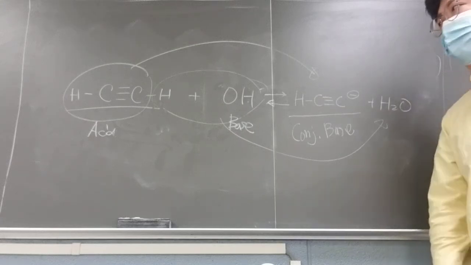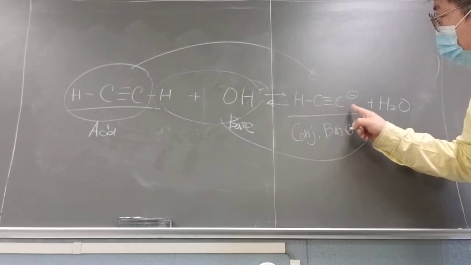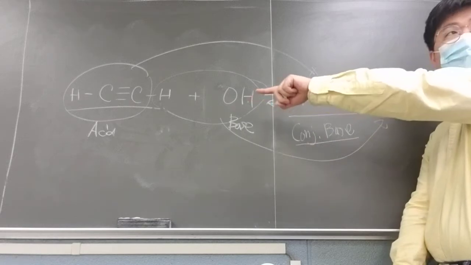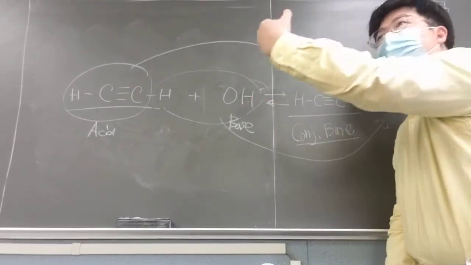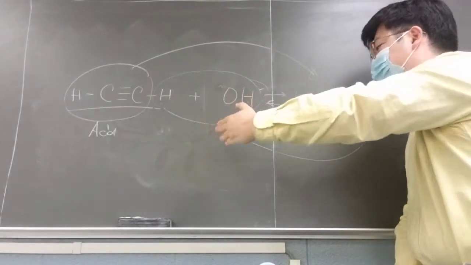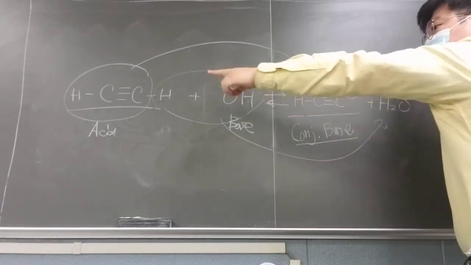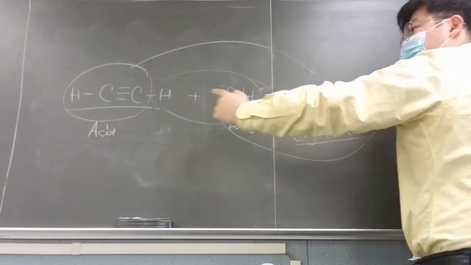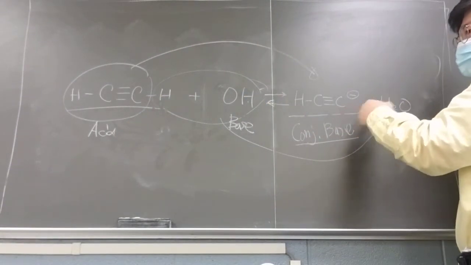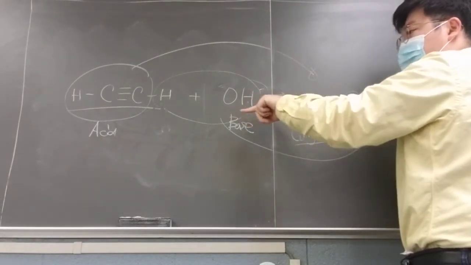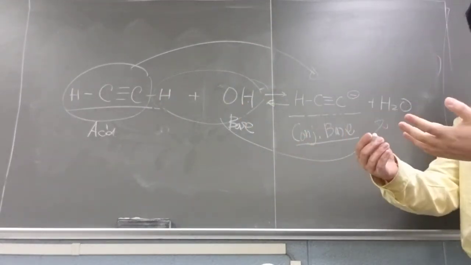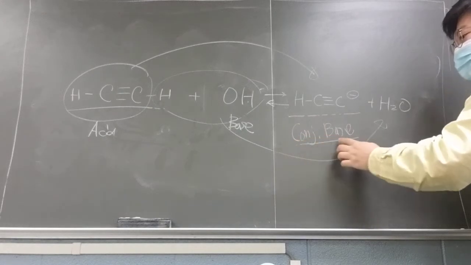We always think it goes from left to right, but sometimes you have to think about the reverse direction, from right to left. For this one to return to its original form, it needs to accept the proton. This is the one without the proton, but in the reverse direction it needs to take the proton. So it works as a base on the other side. This is why we call it the conjugate base.